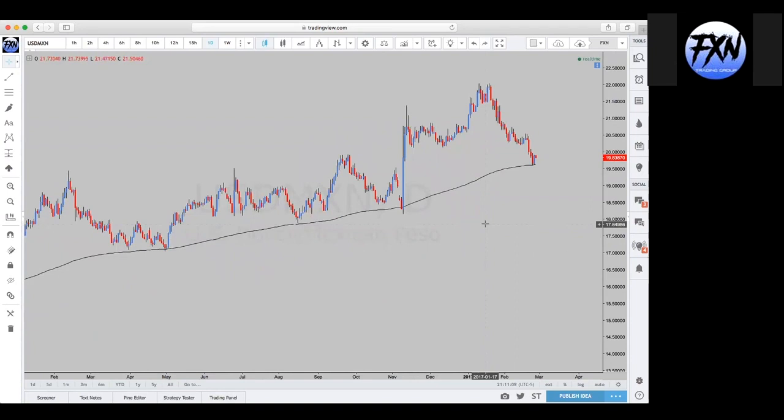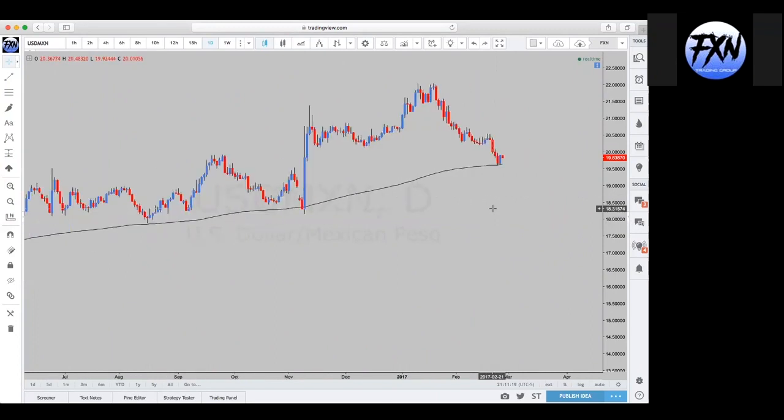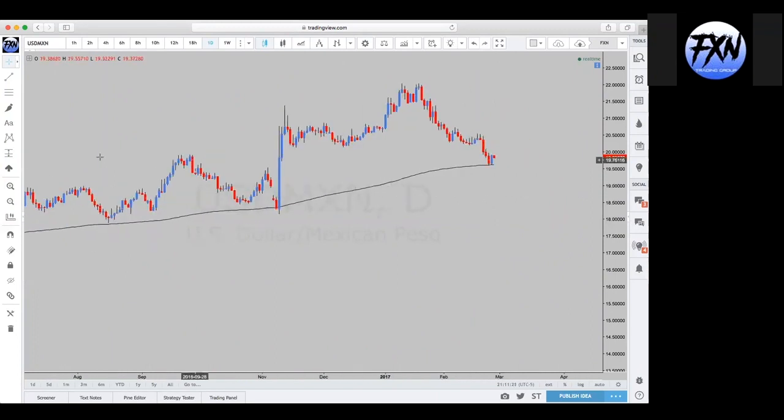So recently, I'd say for the past 2 months, this pair has been in a downtrend. As you can see here, it's been in a complete downtrend for the past 2 months, right? So technically it's called the retracement, right?